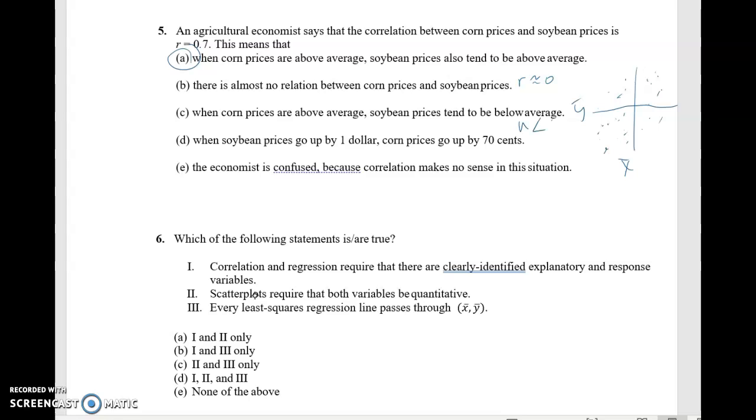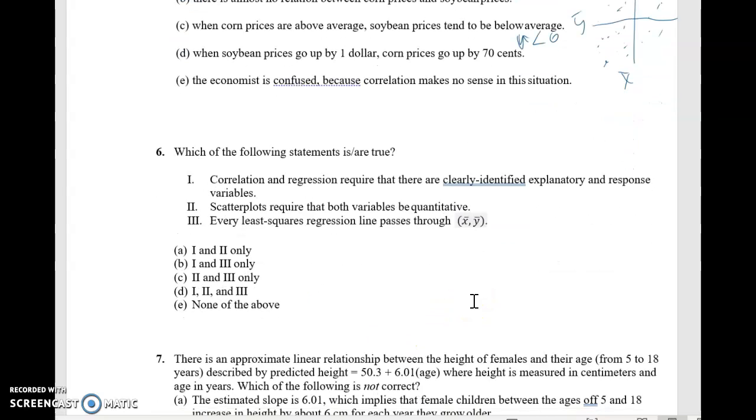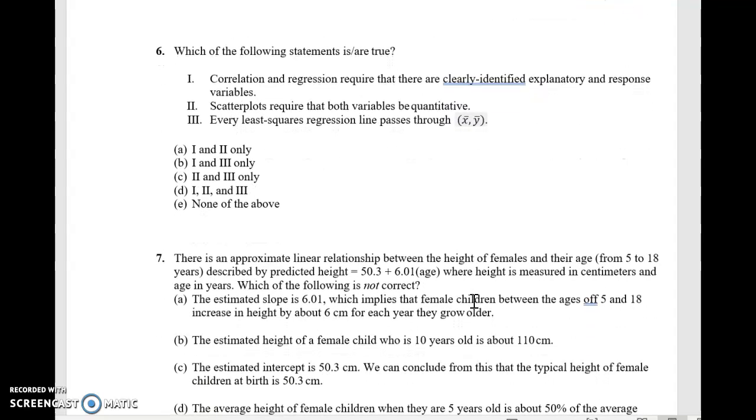R would be negative, okay? That's where C would go. D would be an interpretation of the slope of a regression line. We don't have that. We have R. And E, well, that's a gimme. That's a giveaway.